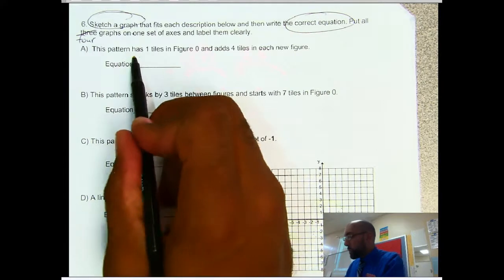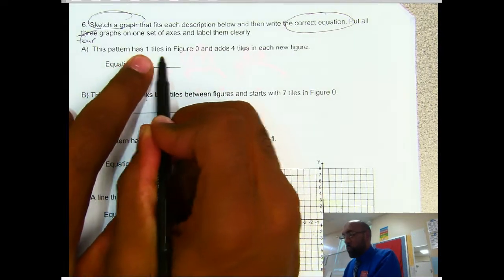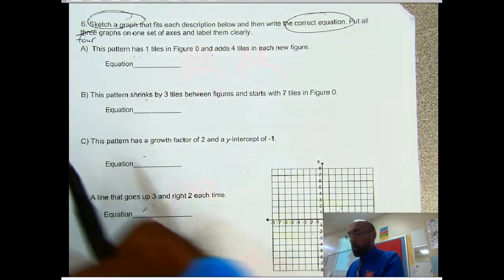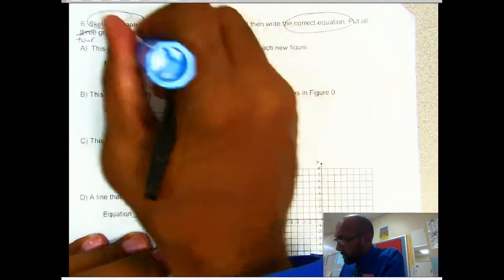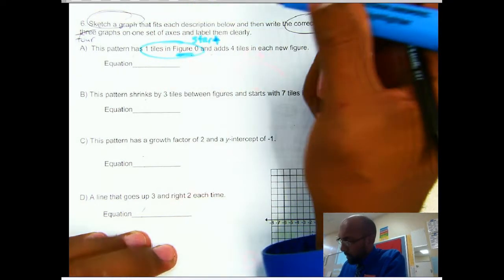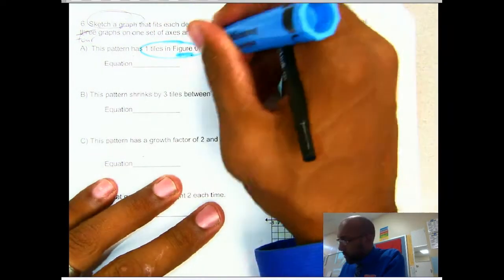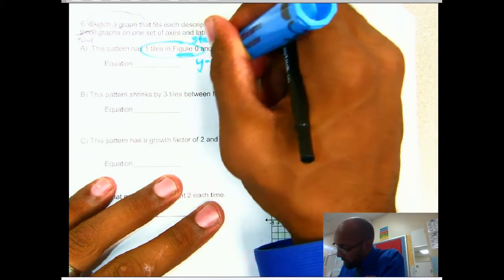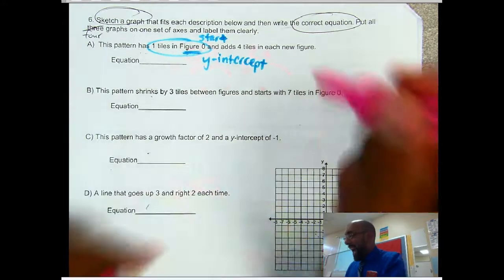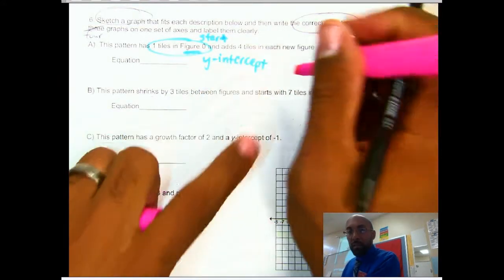Okay. So now this says the pattern has 1 tile in figure 0. Well, remember, figure 0 means the start, or where we begin, the y-intercept as well. Also means the y-intercept. Same thing. And then it adds 4 tiles in each new figure.